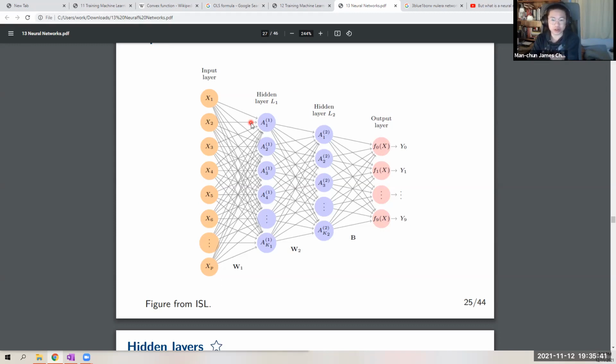A deep neural network refers to the situation when you have multiple hidden layers. Apparently that's the difference between a neural network and a deep neural network: in a deep neural network you have more than one hidden layer, in a neural network you have one.